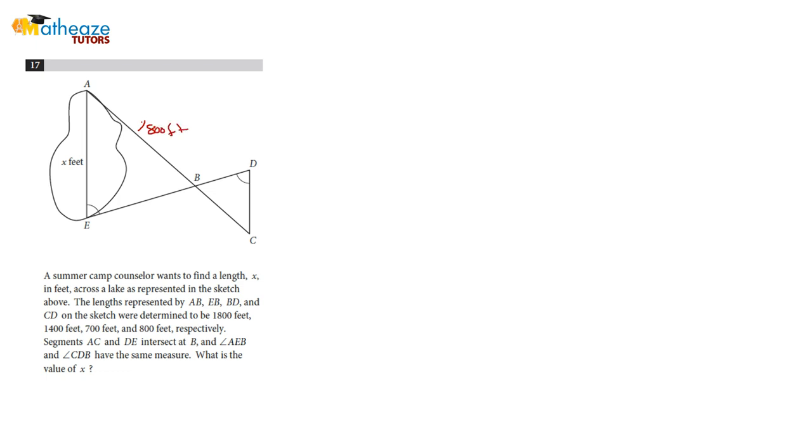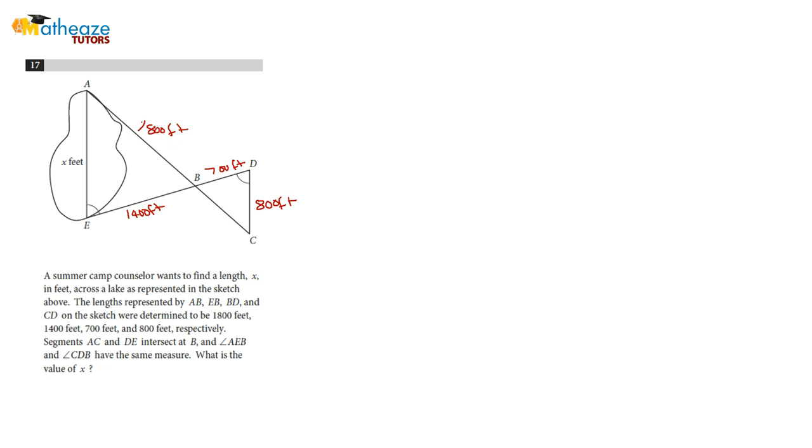EB is 1400 feet. BD is 700 feet. And CD is 800 feet.